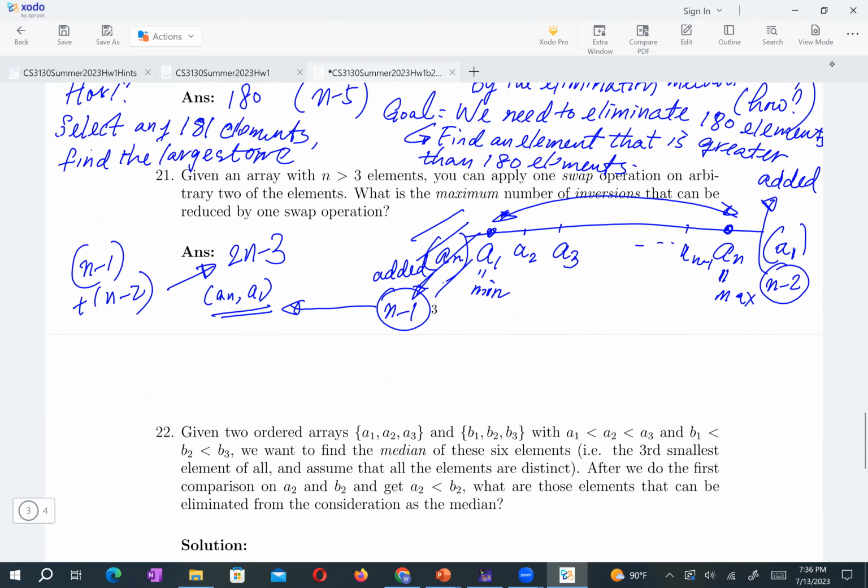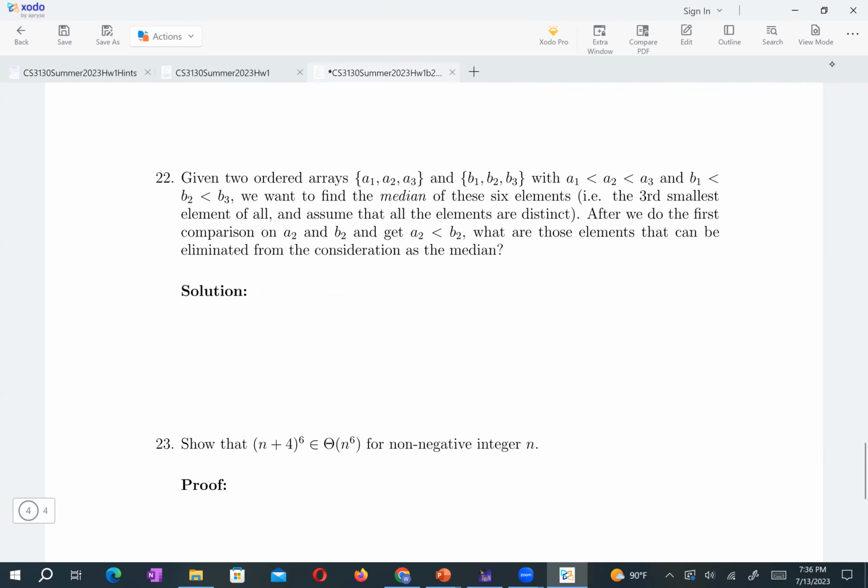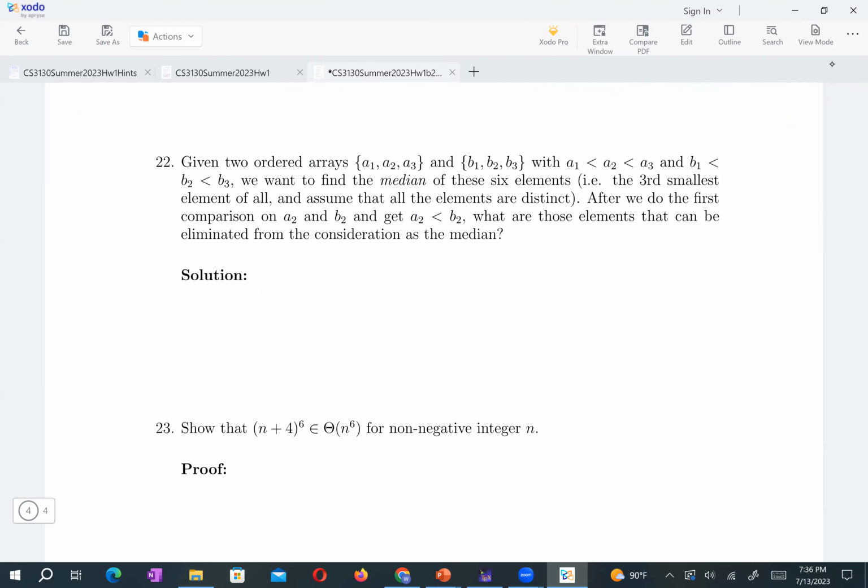All right, so the next question, number 22, solution. Just to remind you, when you see the solution, you need to provide some more information to get the answer. I do not need you to write a lot of words.